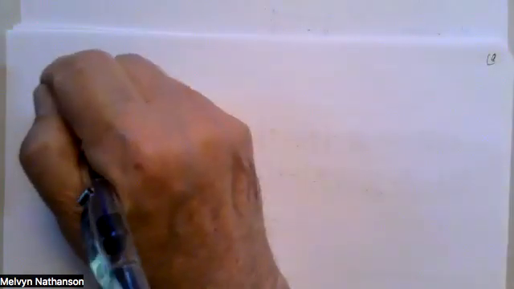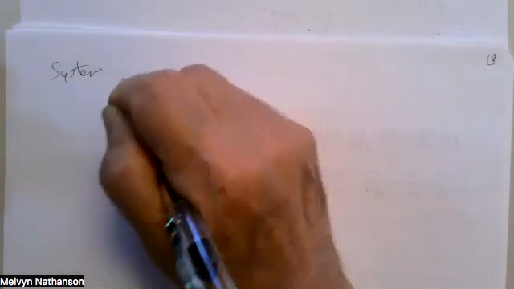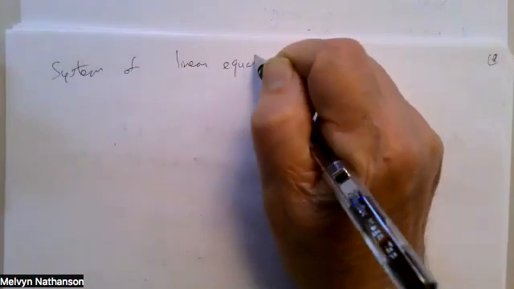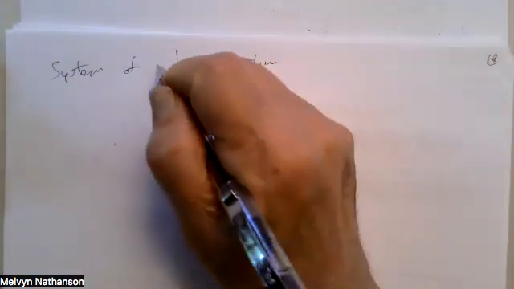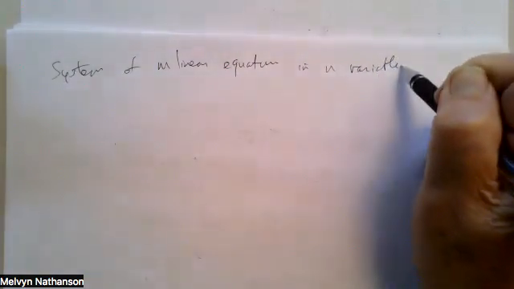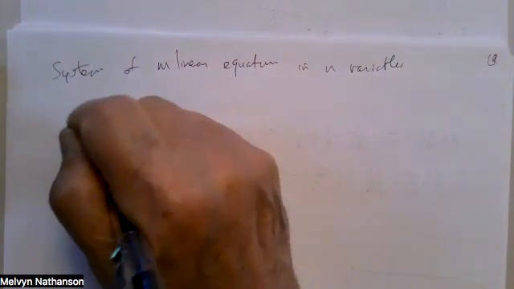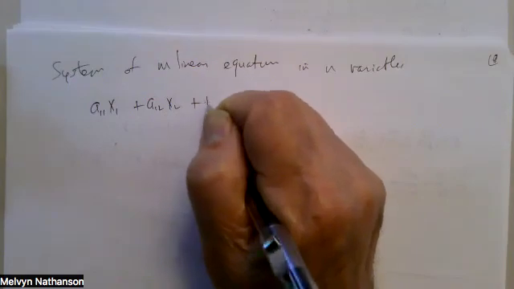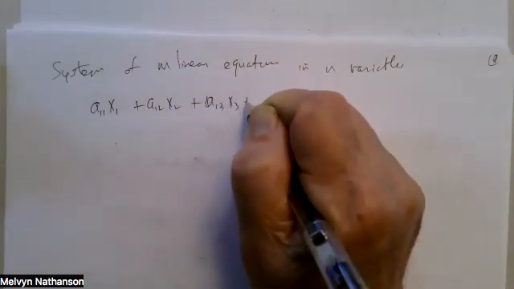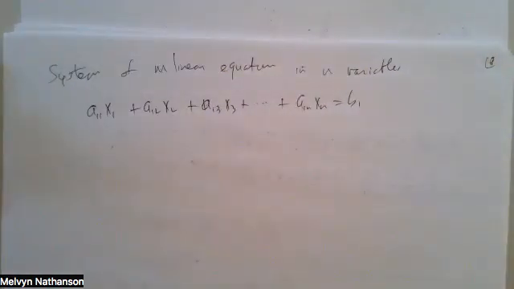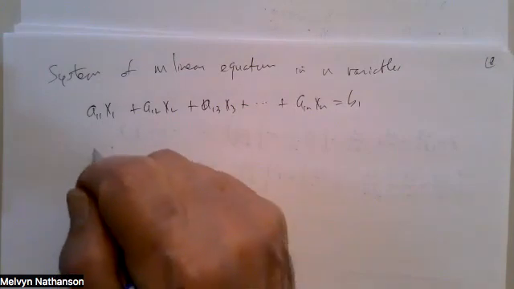Okay. So in general, a system of linear equations, let's say you have m linear equations in n variables. Your first equation you can write as a11x1 plus a12x2 plus a13x3 up to a1nxn equals b1. That's one equation in n variables.